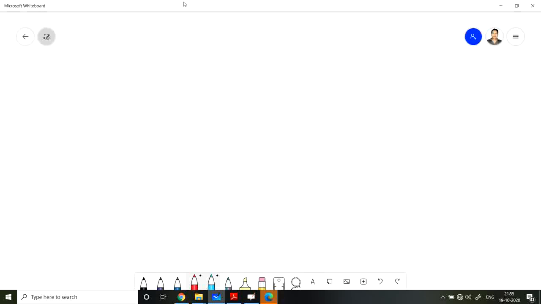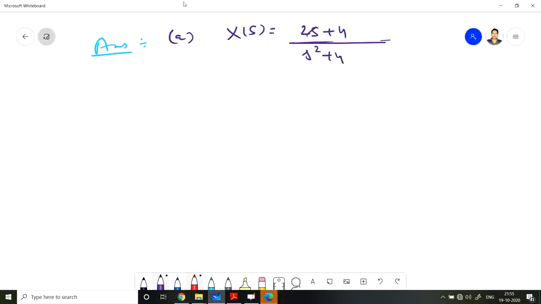So let us solve this problem. The solution for part A: X(s) is equal to (2s plus 4) divided by (s square plus 4s plus 3), and the ROC is the real part of s greater than -1.